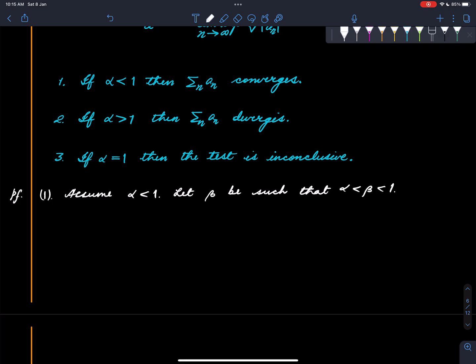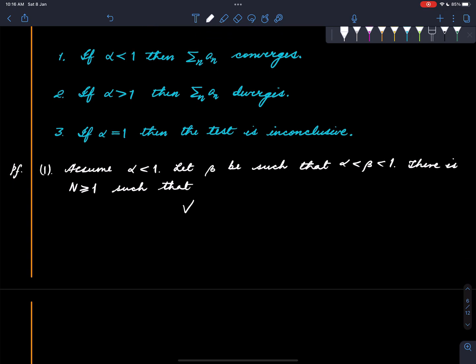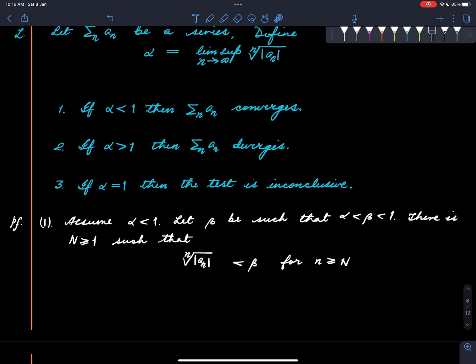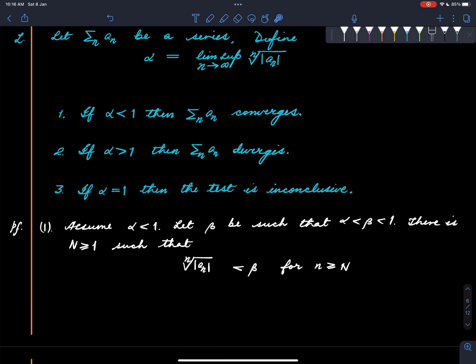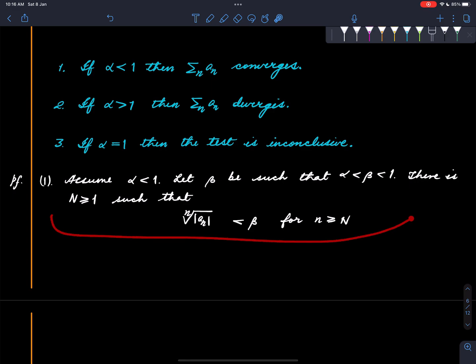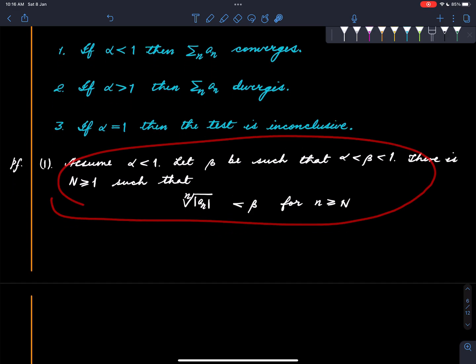And now using the definition of lim sup, there is some capital N such that this quantity over which the lim sup was operated is less than beta for all n greater than or equal to N. So all we are saying is that this must happen ultimately. Otherwise this lim sup will not be equal to alpha. It's a very simple inference from the definition of lim sup.